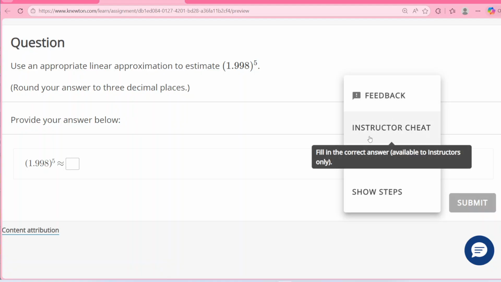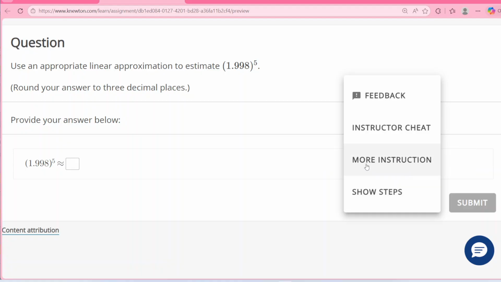Of course, you will not have the instructor cheat feature. It's for instructors only to fill in answers for demonstration purposes. I will not be using this in this video either.